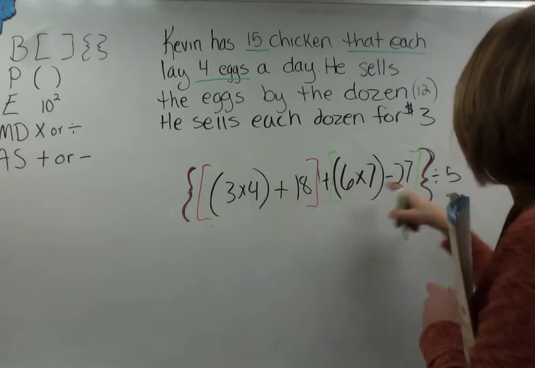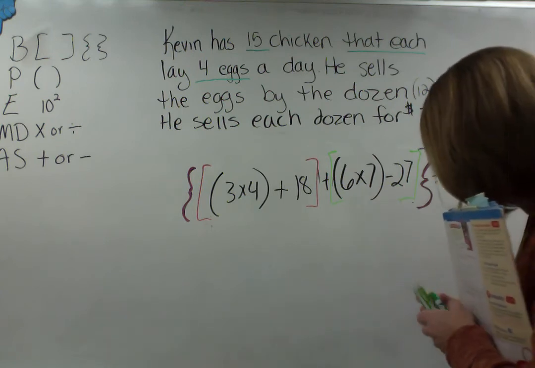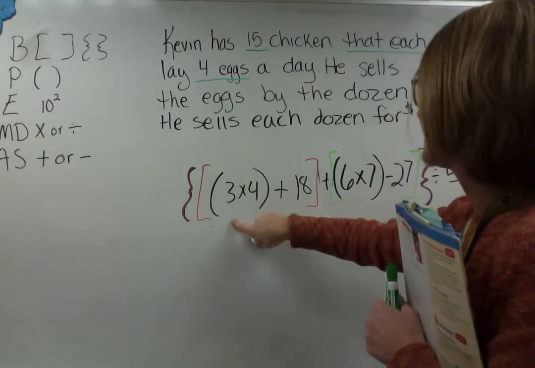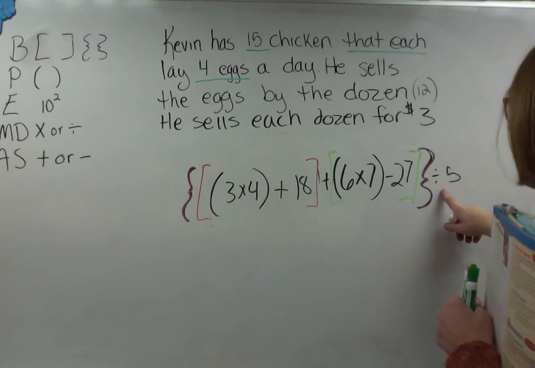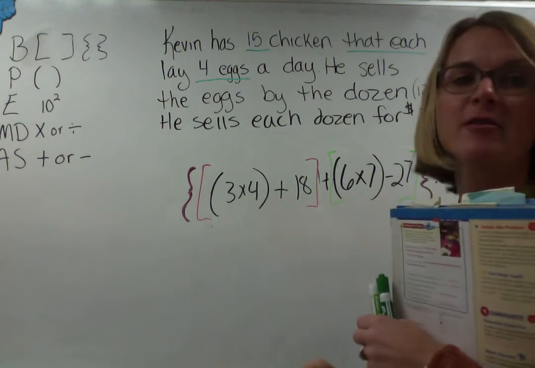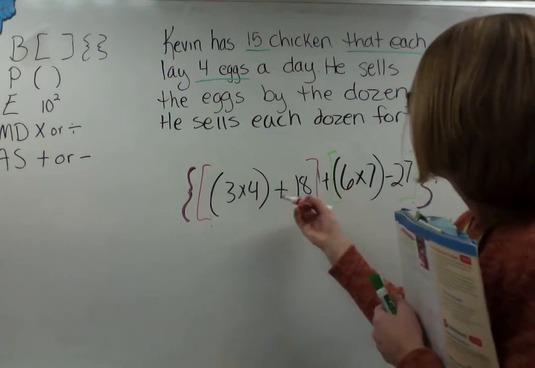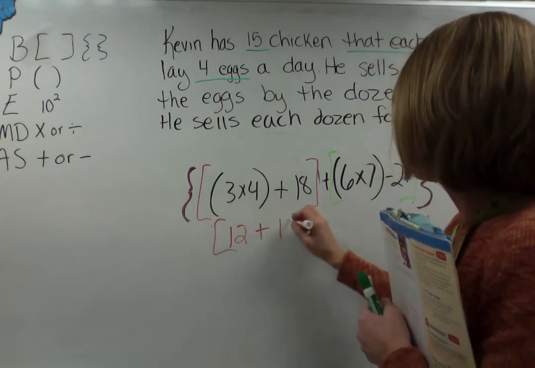And once all of that is together, you're going to divide it by 5. So we have 2 kind of problems that we're doing. So fancy brackets and regular brackets inside. So everything inside this has to be done before you divide by 5. And inside those fancy brackets, there's a problem here and a problem here that needs to be done separately and then put back together again. Okay? So 3 times 4 is 12. So in these brackets, we have 12 plus 18.